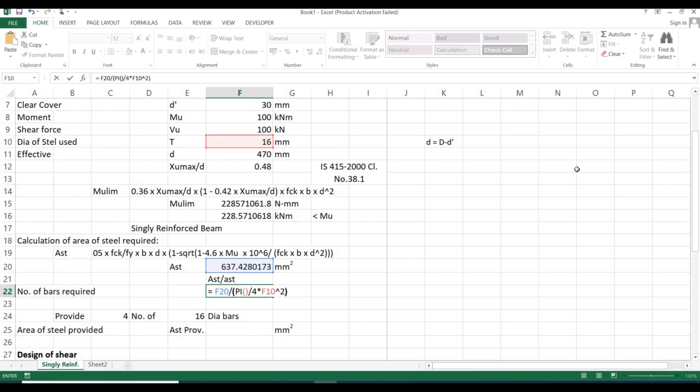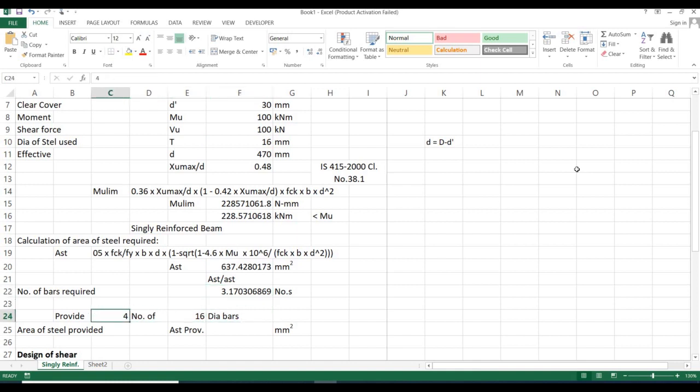After this, enter. So I require 3.7, so I can provide 4 number of bars of 16 mm diameter. This is how I can calculate.